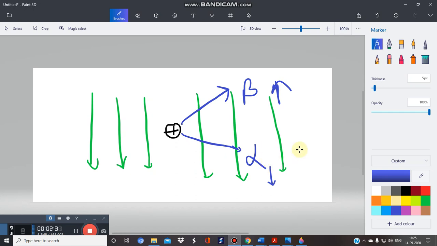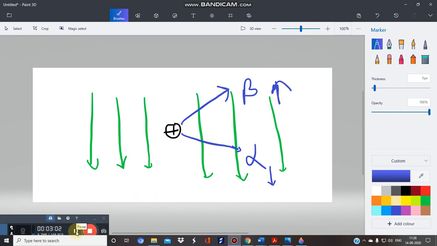This is known as the alpha spin state, and it requires very low energy because it is in the same alignment. But if the nucleus moves opposite to this magnetic field, it is known as the beta spin state, and it will require high energy. So always remember: if the nucleus moves in the same alignment, it requires low energy, and if it moves opposite, it requires higher energy.